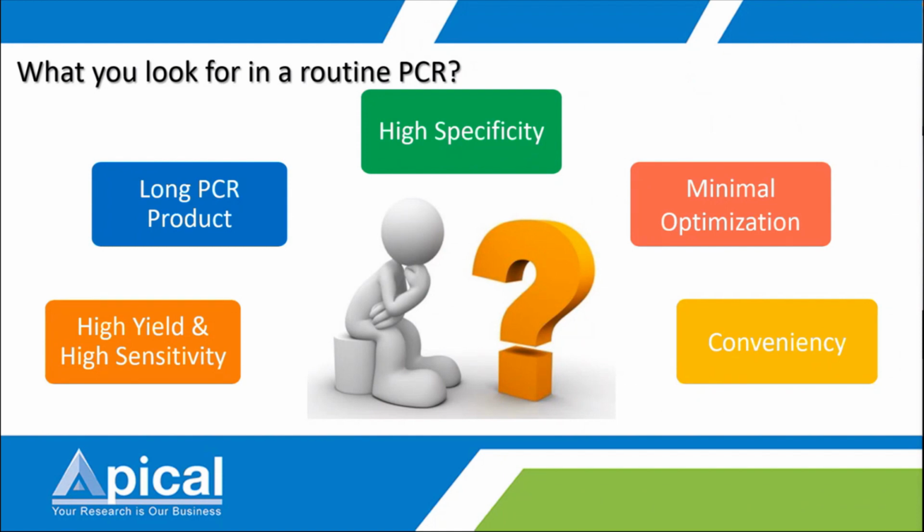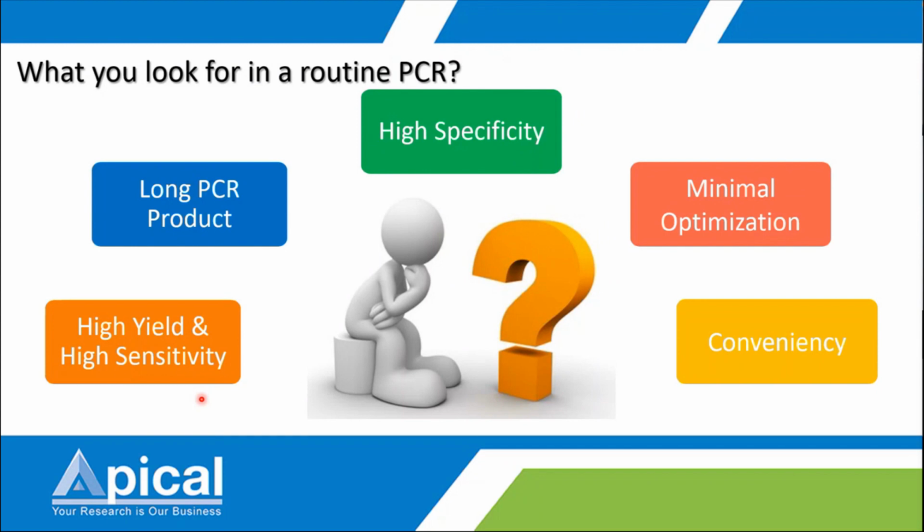I believe all of these are what everyone wishes for in their study when you perform your PCR, right? But in some cases, you may also want a higher yield or higher sensitivity for your PCR, so that the PCR product may be more suitable for some specific downstream application, like maybe sequencing.